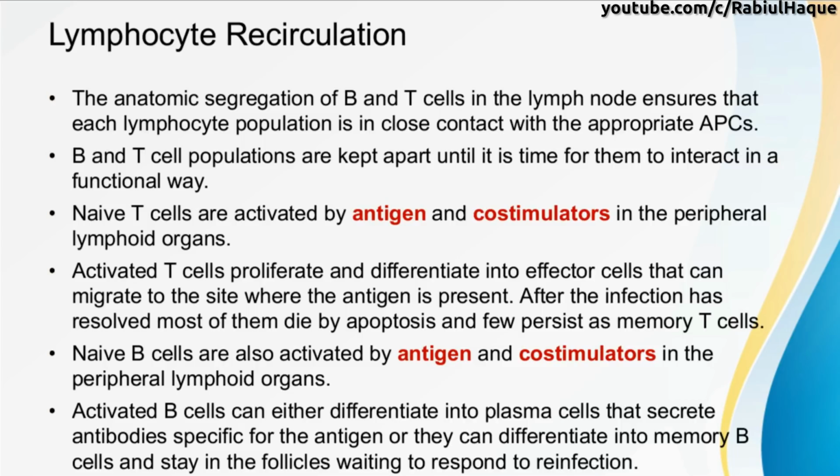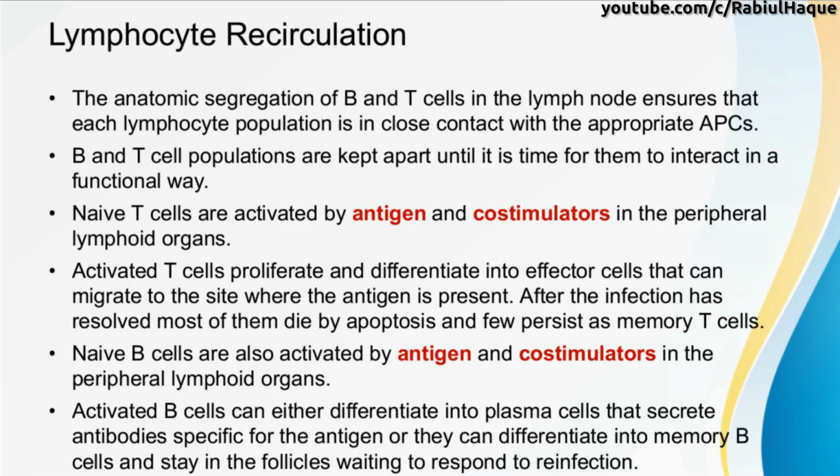Naive T cells are activated by antigen and co-stimulators in the peripheral lymphoid organs, and activated T cells will proliferate and differentiate into effector cells that will migrate to the site where the antigen is present.